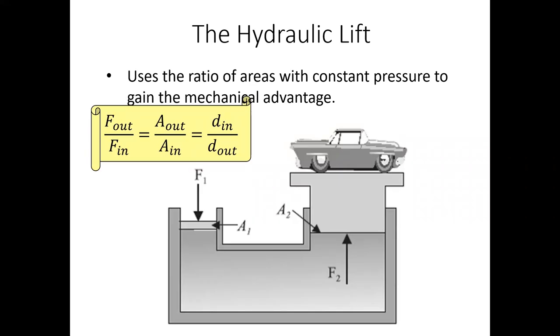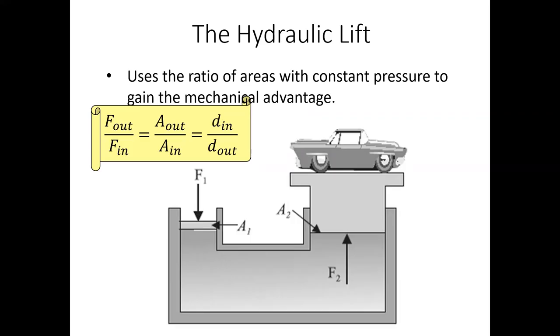That ratio of forces is equal to the ratio of areas. So if I want to lift up a car that's like 1,000 newtons, it's a small car, but I can only push 100 newtons, obviously I need a ratio of areas for the piston to be 10. So I need the output piston to be 10 times more than the input piston, because I can only push 100 newtons, but I need to lift up 1,000 newtons.